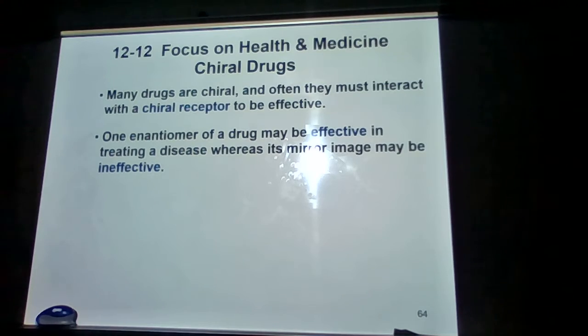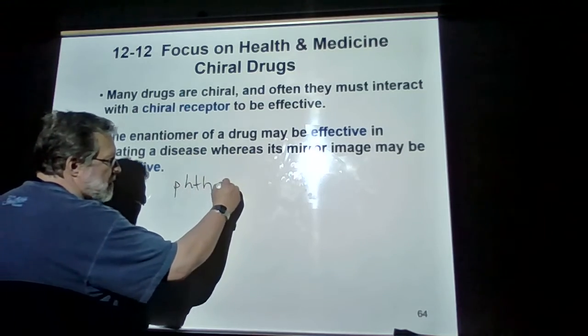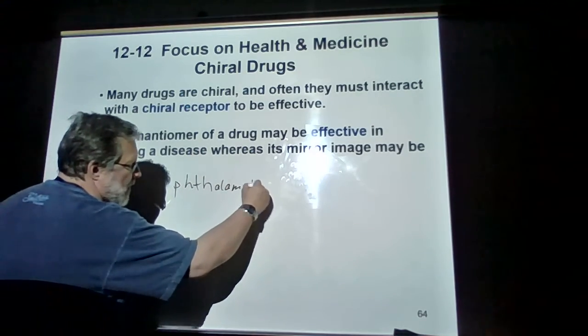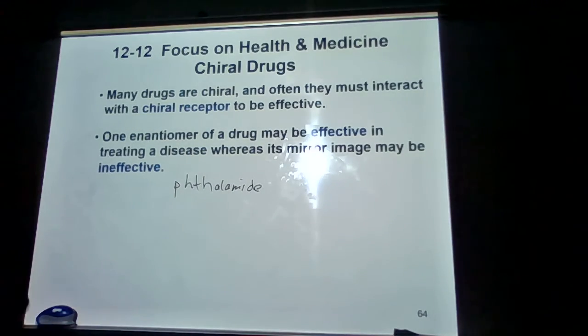A particularly horrific story comes from thalidomide. Thalidomide was a drug used from the early 20s until basically the late 50s or early 60s. It does wonders for pregnant women to suppress nausea.